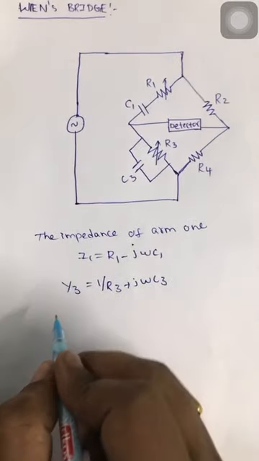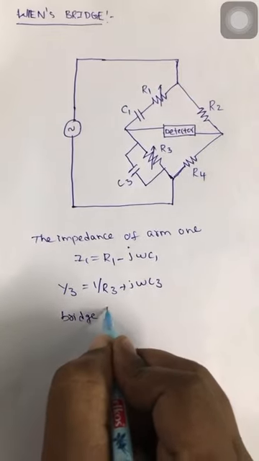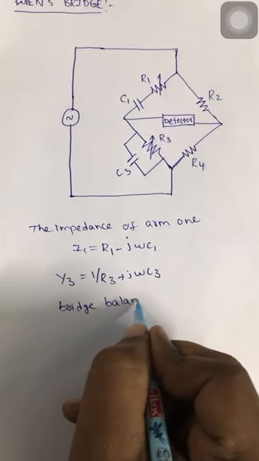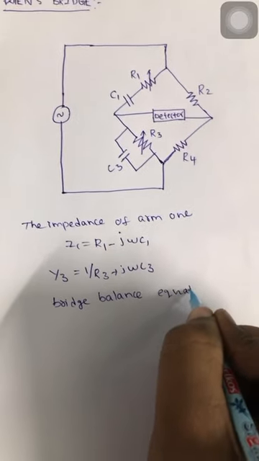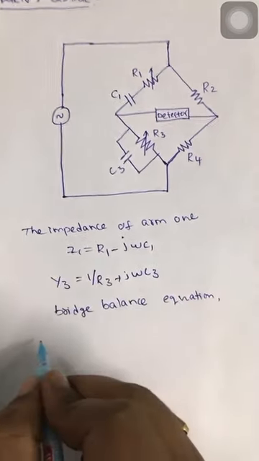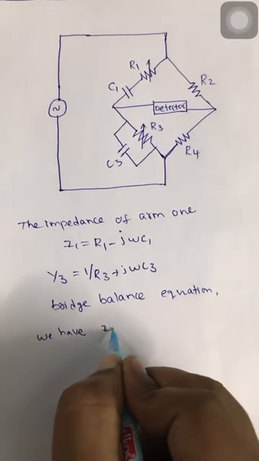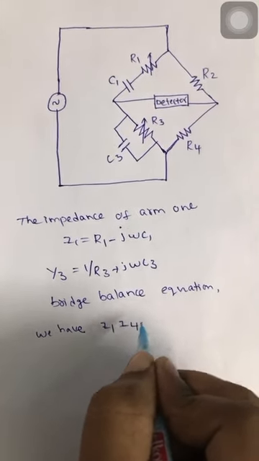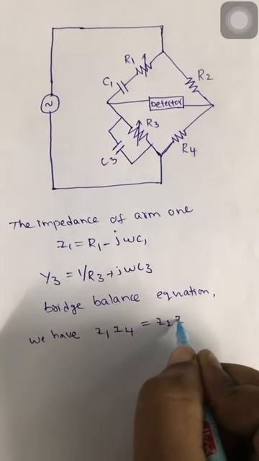So now by using the bridge balance equation, we have Z1 Z4 is equal to Z2 Z3.